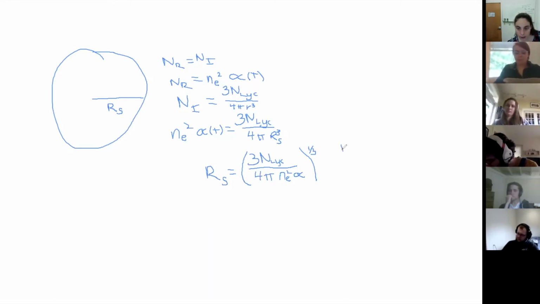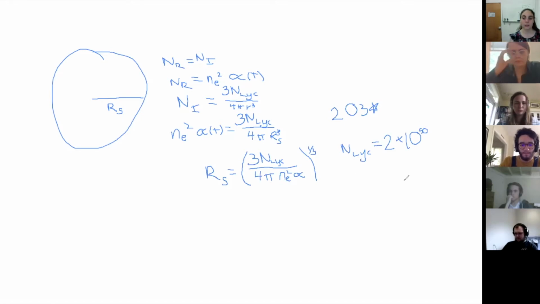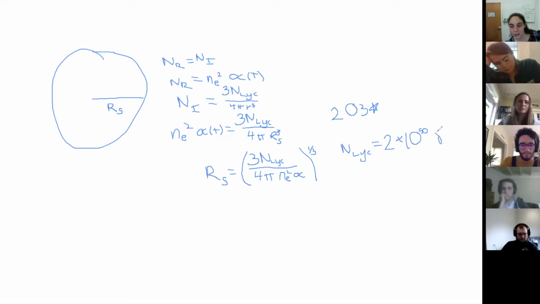So N Lyman continuum, if we have 2 O3 stars, equals 2 times 10 to the 50. And this is just a number, you would just look this up.